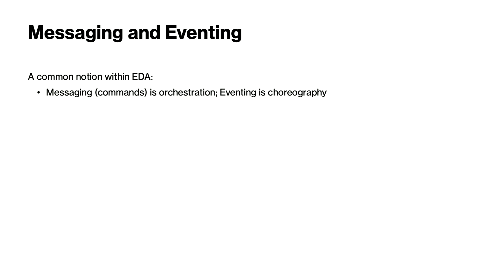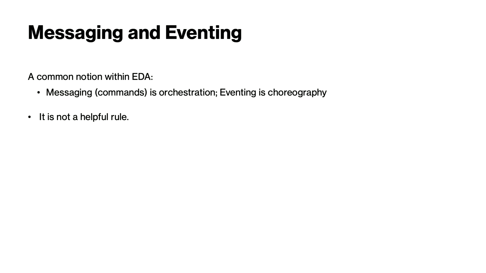So there's a little bit of a problem here, which is typically lots of people in the EDA space say orchestration is all about messaging or commands, and eventing is all about choreography. And honestly, that's pretty much nonsense, I'm afraid. Please don't repeat that one anymore.